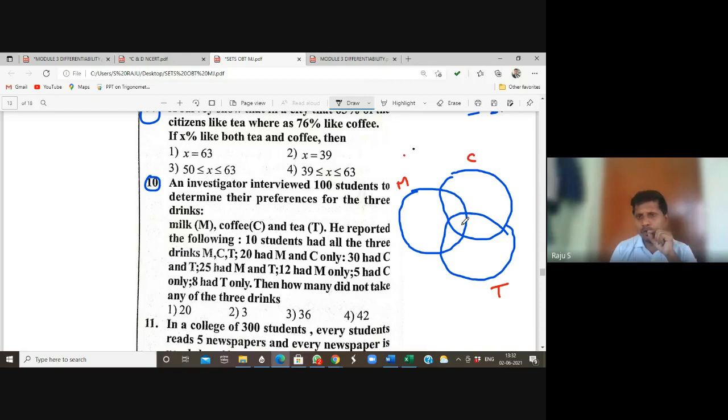Whenever you want to enter the values, you should first write the common region to all. Milk, coffee, tea. He reported the following: 10 students had all three drinks, M, C and T. 20 had M and T. 20 had M and C, which means it is 10. Remaining 30 had C and T, which means this is 20.